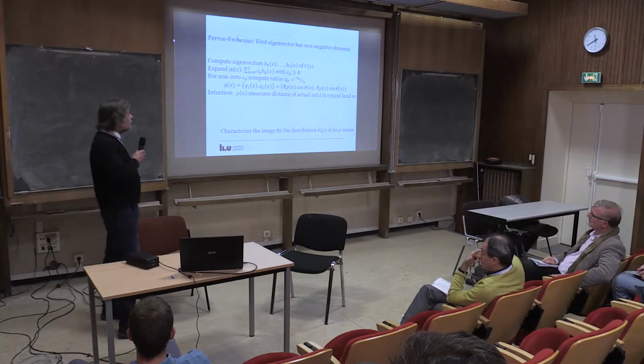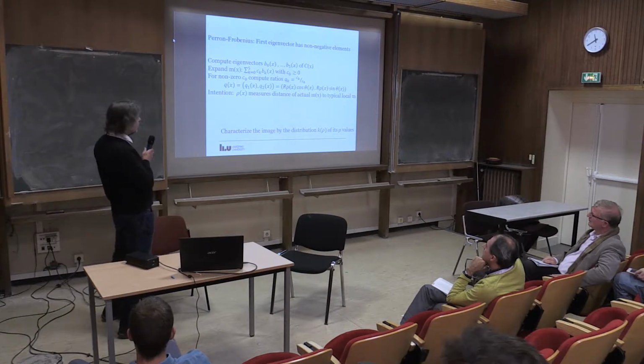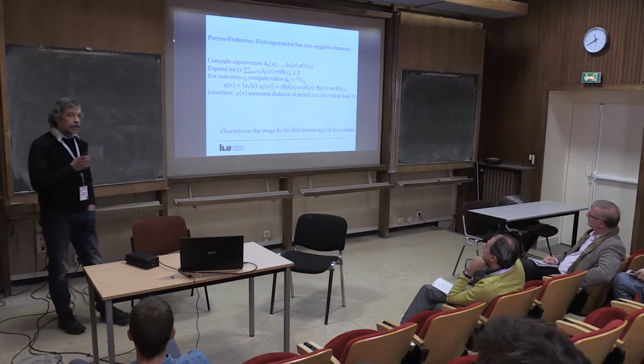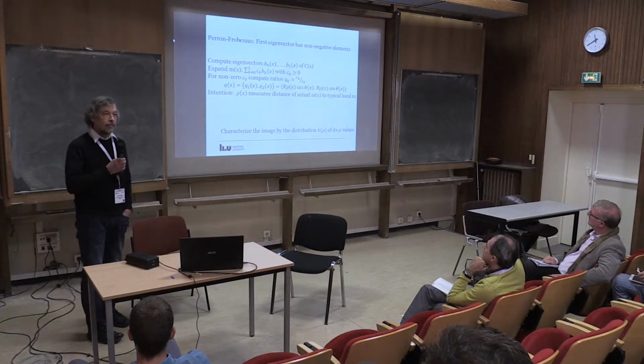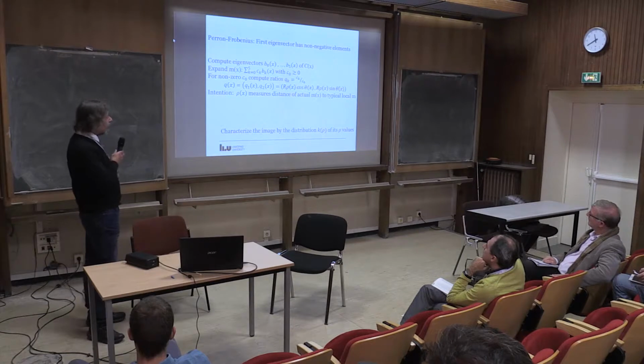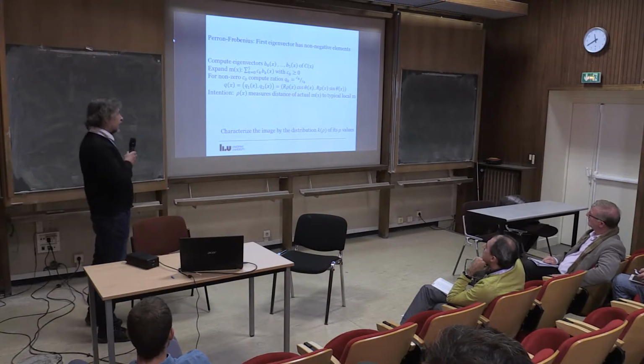So the intention is that rho describes the distance from the axis, and then the angle describes the relation between the 2 coordinates.